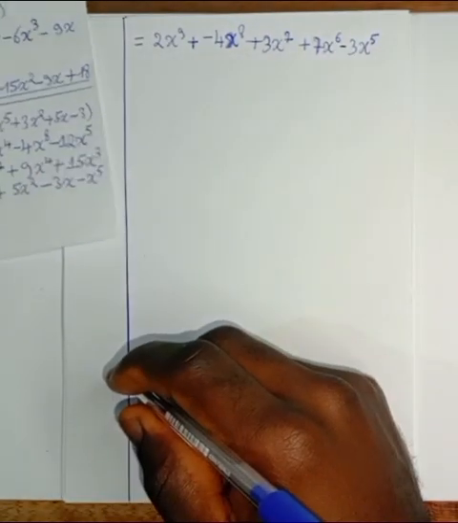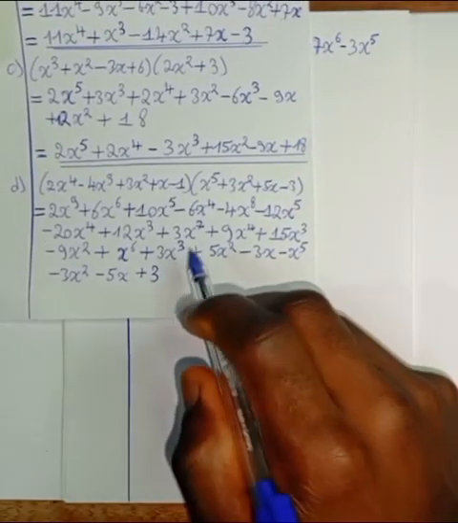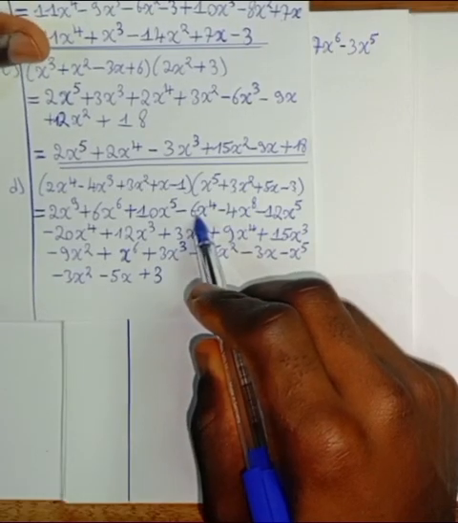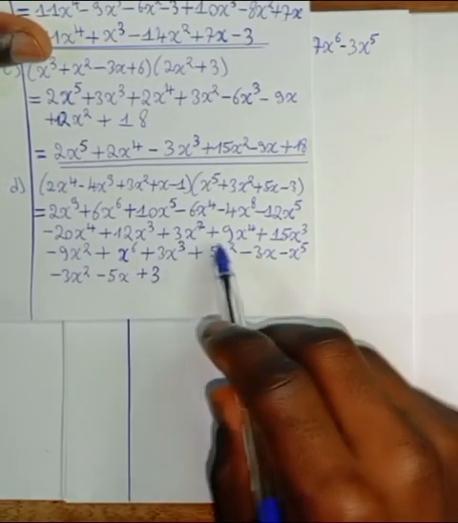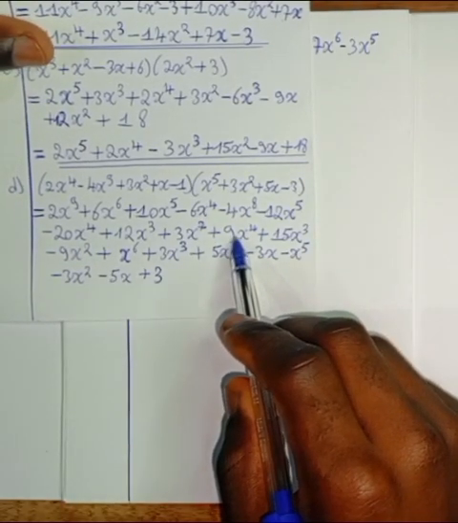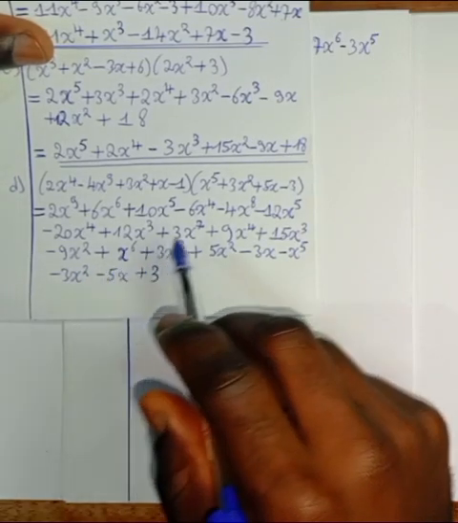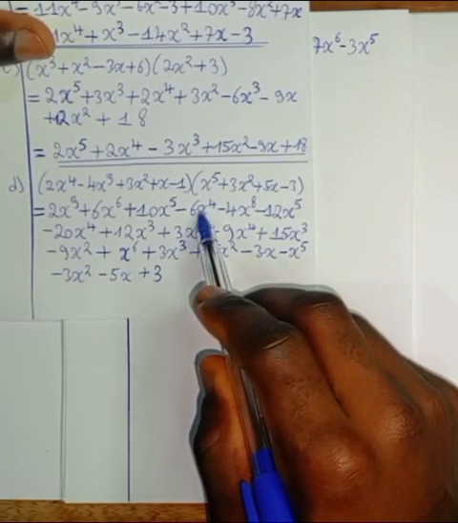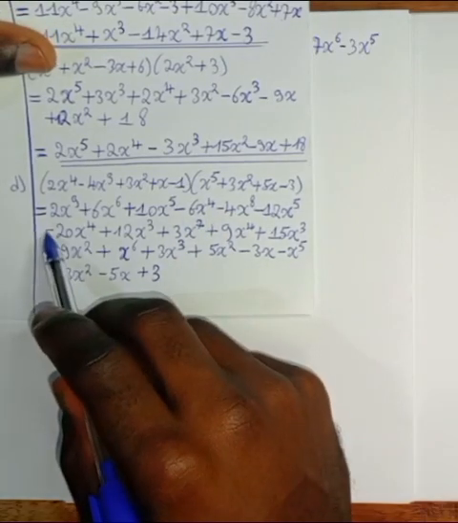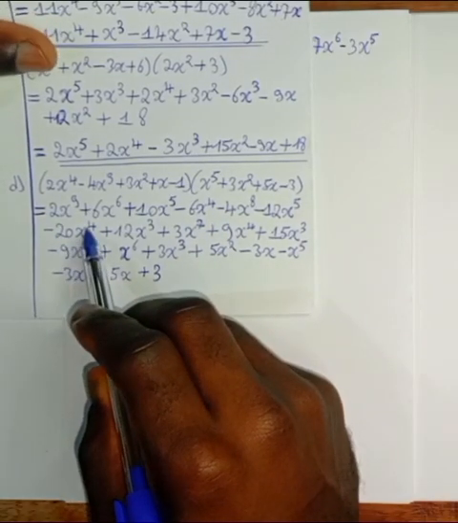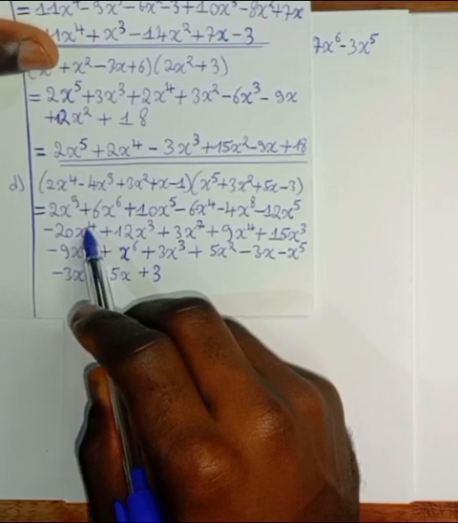Next we move now to terms in x to the power 4. We have this, this. Yes, we have just 3 terms in x to the power 4. Negative 6x to the power 4 minus 20x to the power 4 gives us negative 26x to the power 4.